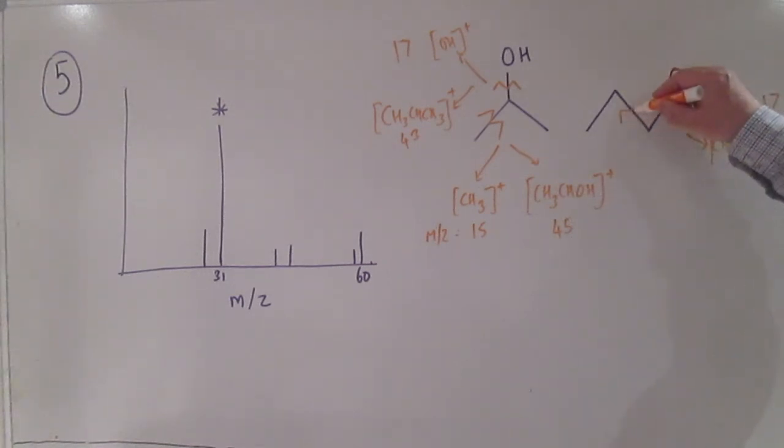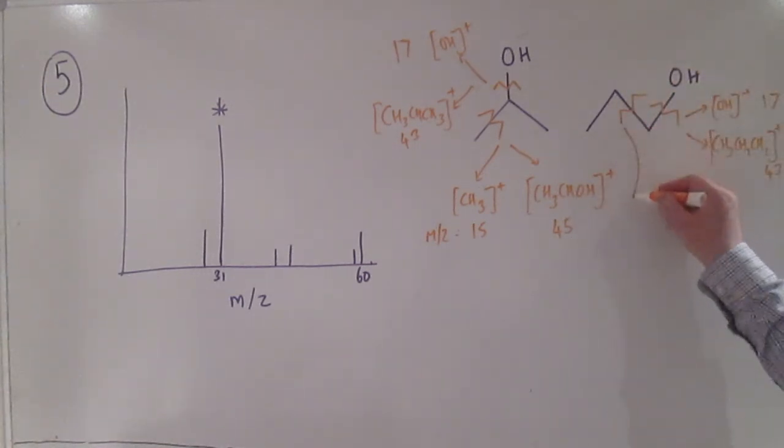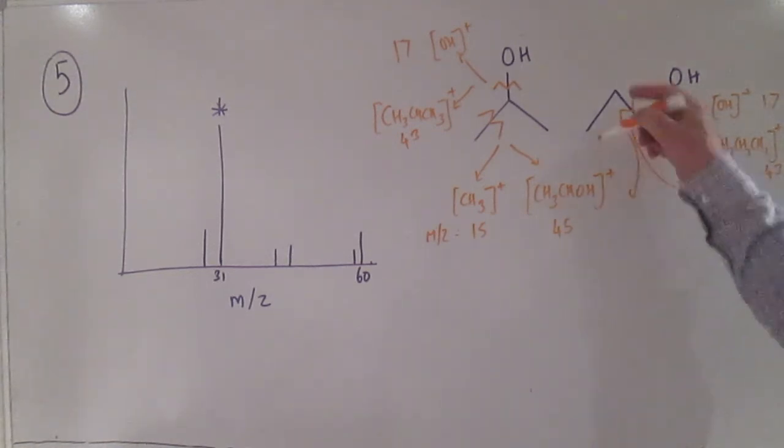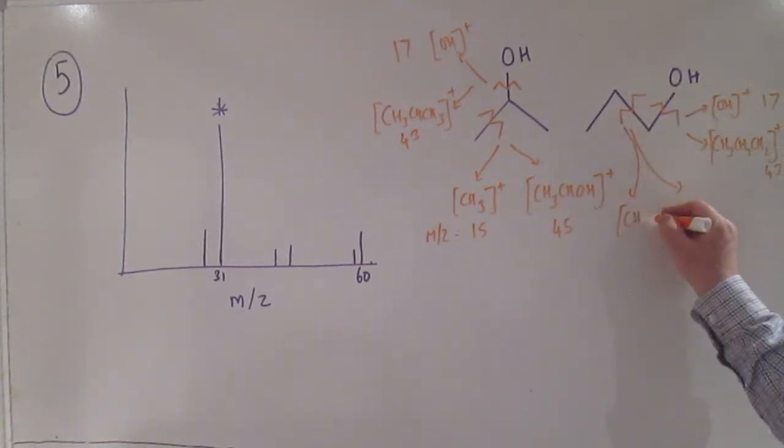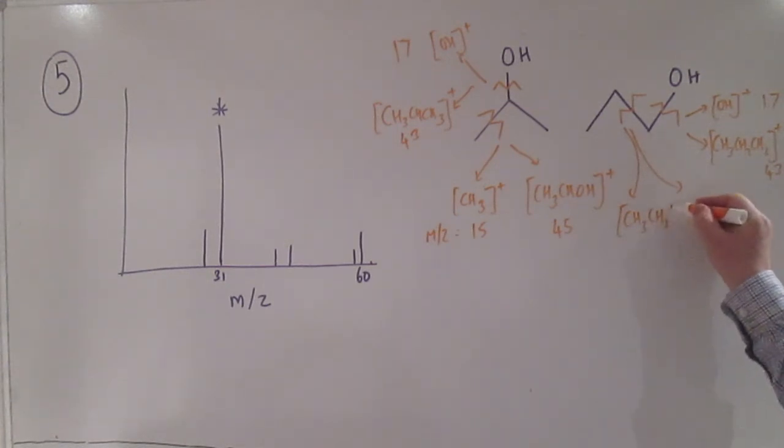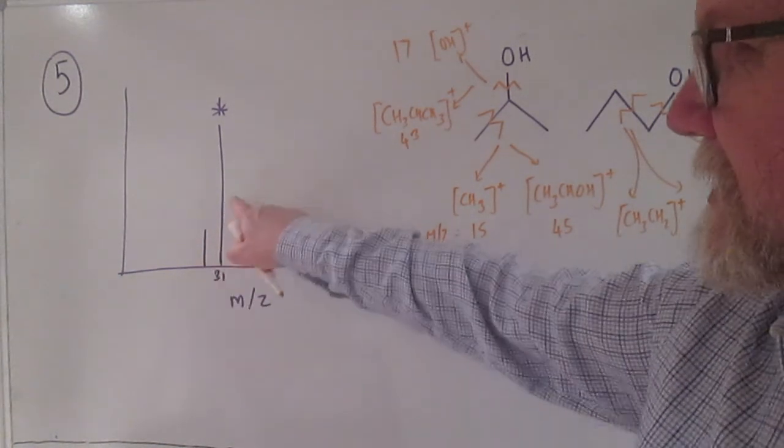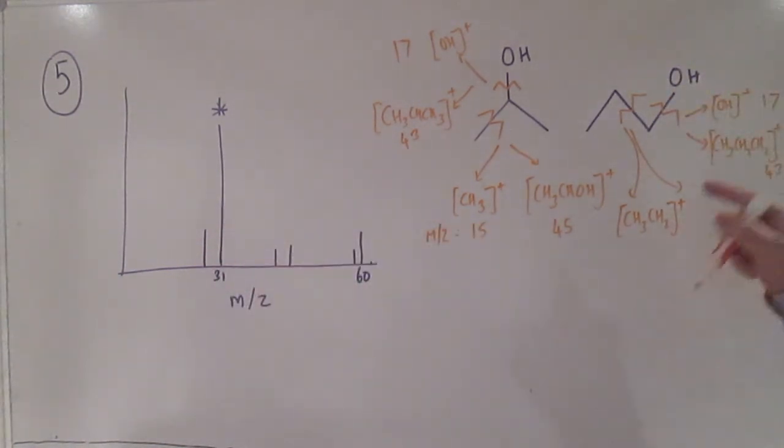If we break here, we could get CH3CH2 plus, which comes in at 29, and again, yeah, that peak's there, but it's not this one that we're really interested in. Or we could get CH2OH plus, and that does have an MR of 31, and therefore would give a peak with an M over Z of 31.